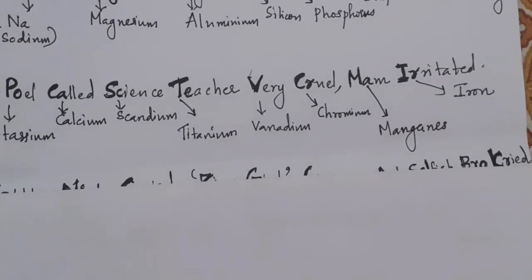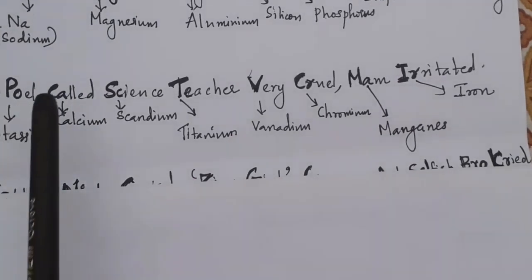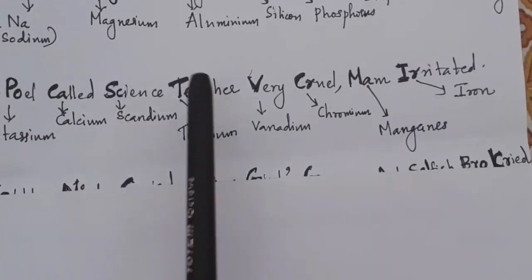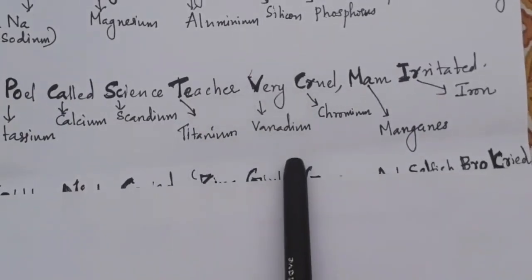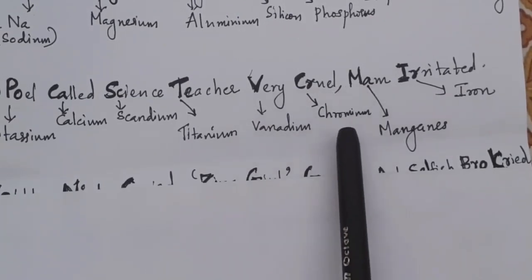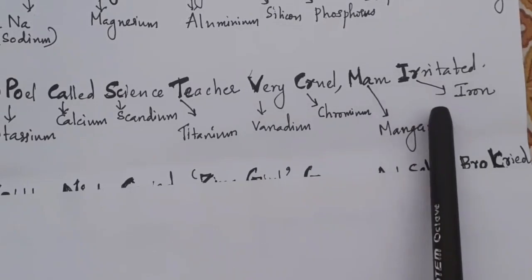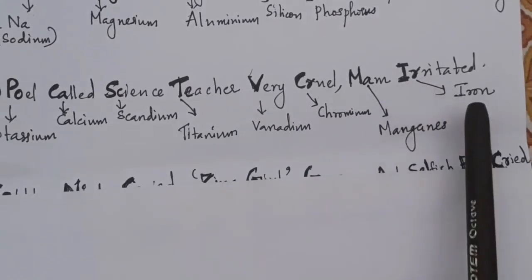Paul is for potassium, called for calcium, science for scandium, teacher for titanium, very for vanadium, cruel for chromium, ma'am for manganese, and finally irritated is for iron.